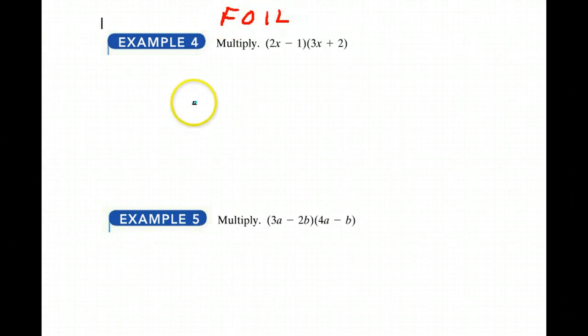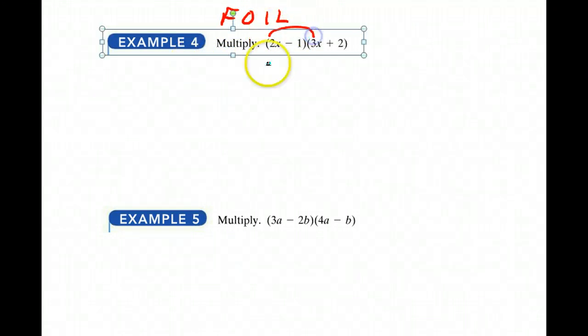F-O-I-L. So the first thing that we're going to do is multiply the first terms in each quantity. So we want to do first times first. So that's 2x times 3x, which gives us 6x squared. Then we want to do the outer terms.